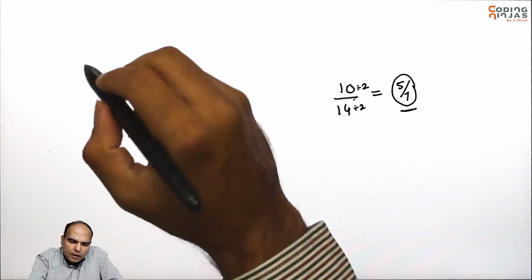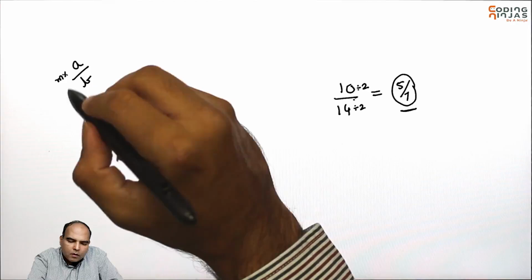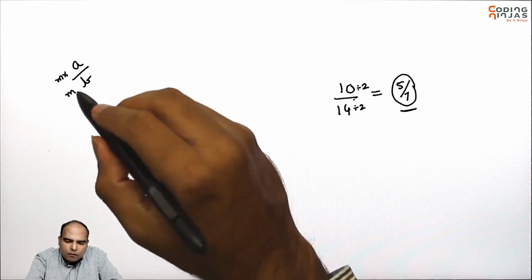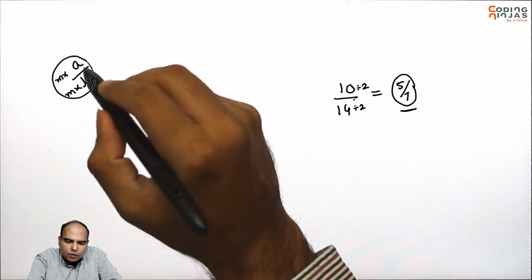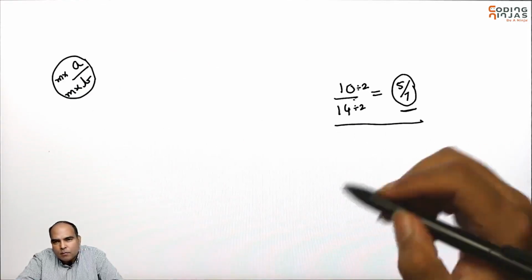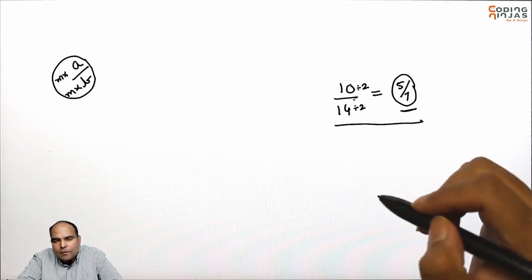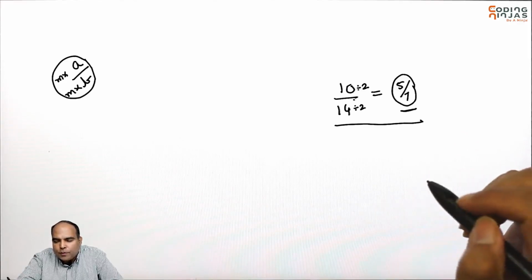So just like I can multiply a ratio by the same value m, I can also divide a ratio by the same divisor, both the numerator and denominator. As I divide the numerator and denominator by the same divisor, my ratio would be the same.